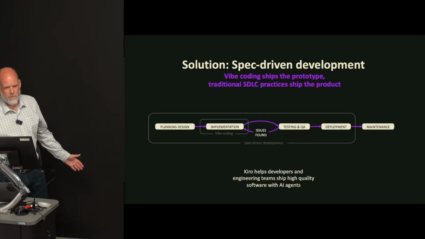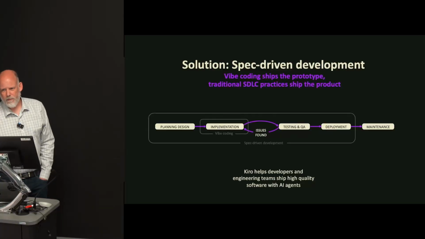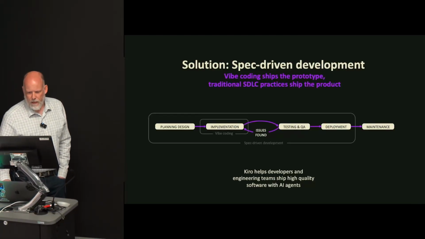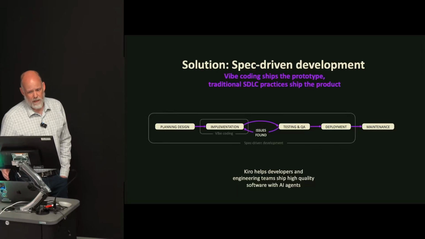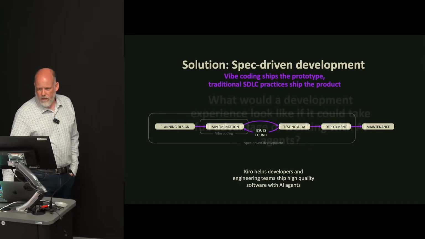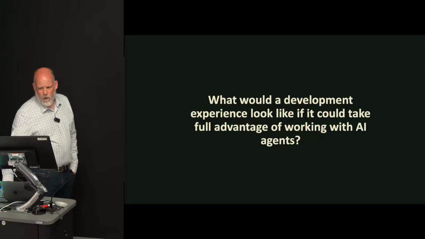Potentially all of the job, but obviously more. Very good for POCing, building something fast, and then you need your traditional practices to make sure you get through to production in a safe manner. So, as I've said, what would development look like if you were working with AI agents?